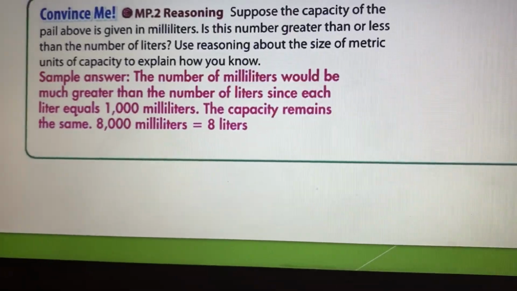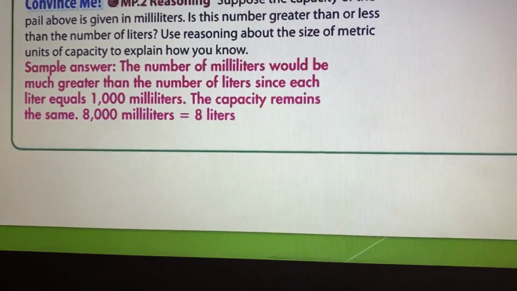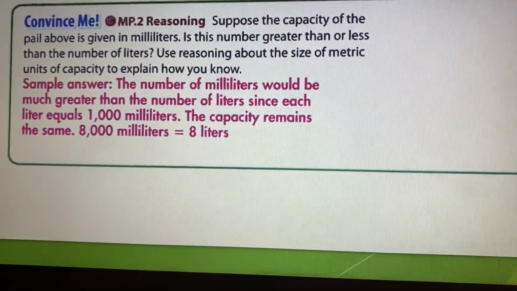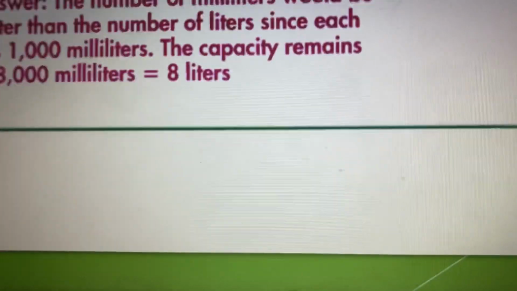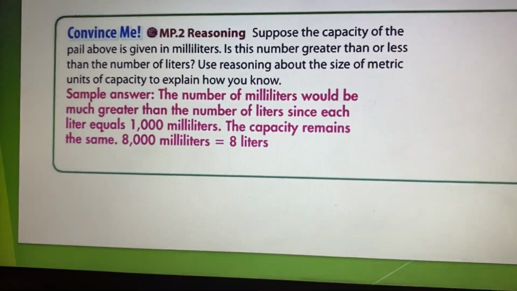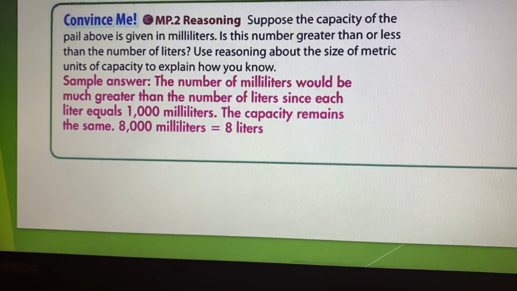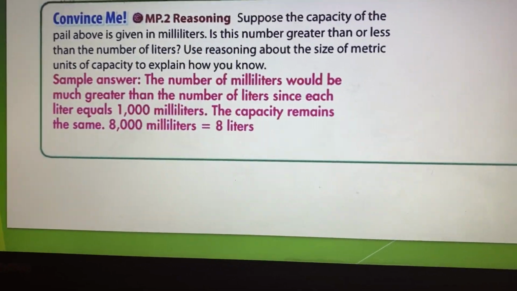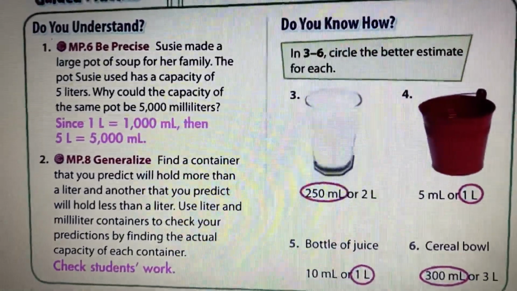So if I want to find 8 liters equals how many milliliters, I will multiply by 1000. So 8 times 1000 equals 8,000 milliliters. So of course the number in milliliters is going to be greater than the number in liters.